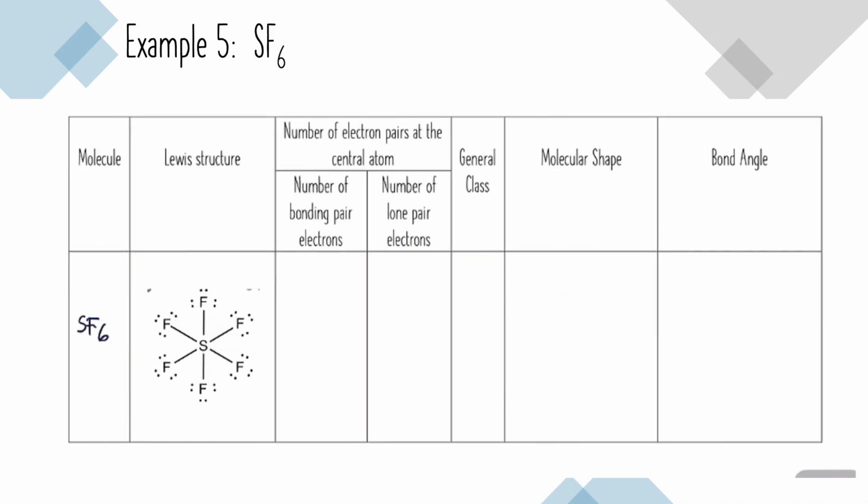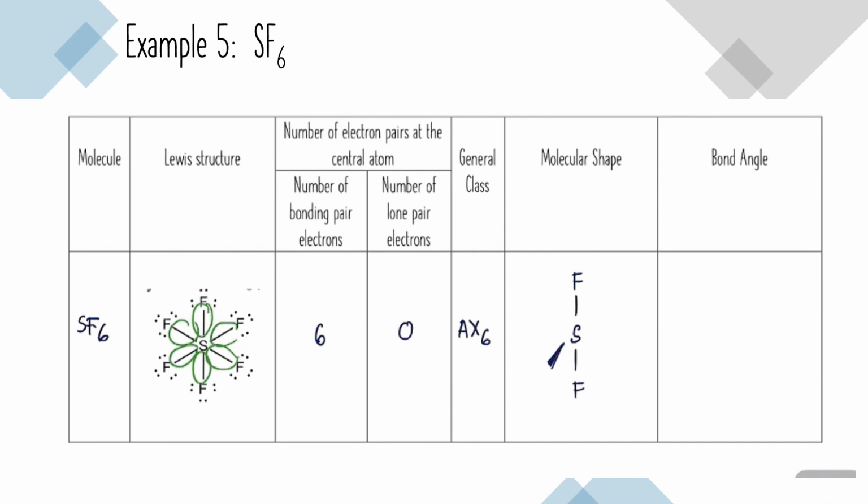The next is the SF6 molecule. So this is the Lewis structure of SF6. So the number of bonding pairs is 1, 2, 3, 4, 5, 6. So 6 bonding pair electrons and 0 lone pair electrons. So the general class is AX6. So the molecular shape of this molecule is sulfur at the center, one fluorine at the top, another one at the bottom.